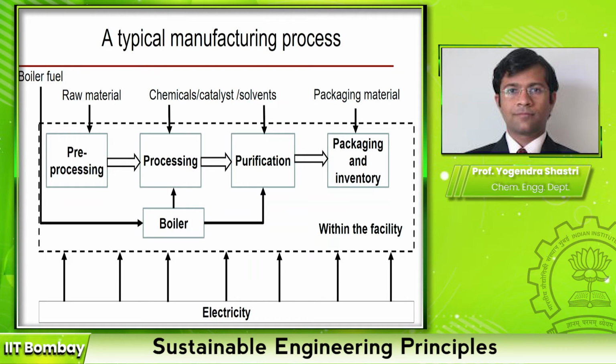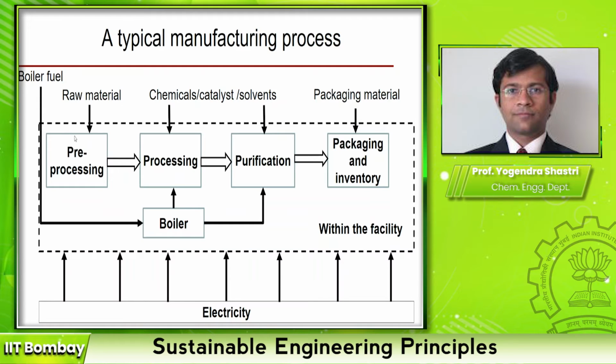So a typical manufacturing facility will look something like this. Whatever is shown in the dashed line are the steps that are generally there within a manufacturing facility boundary. So a particular facility will have raw material which is procured from outside, and there will be storages, inventories and so on.